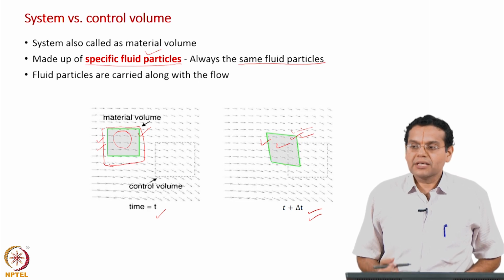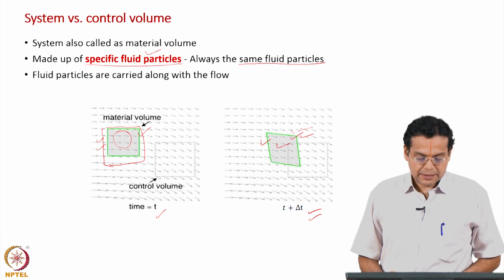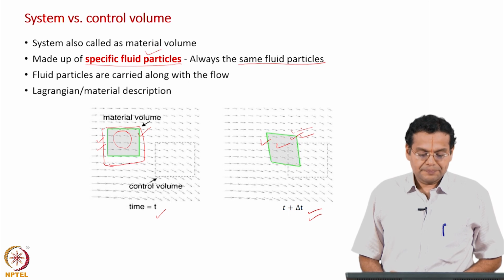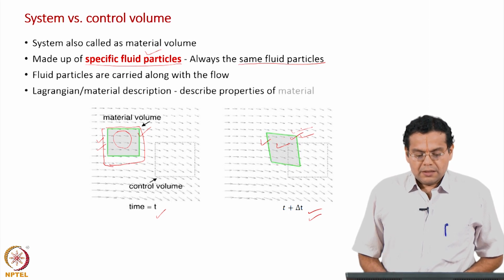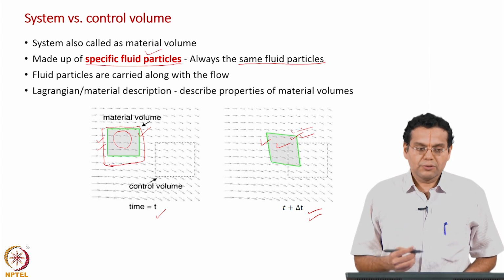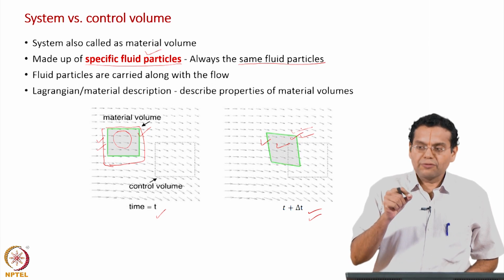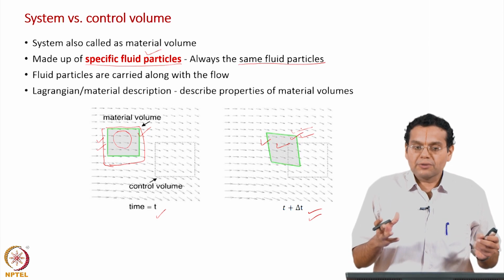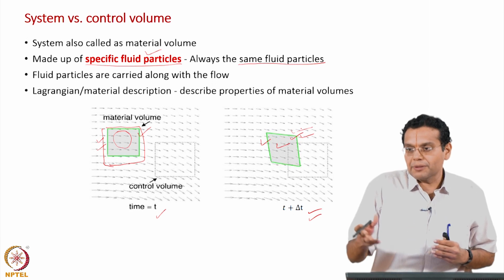Now, the way in which I describe this system or material volume is the Lagrangian or material description. What did we do there? There we identified a fluid particle made up of a large number of molecules, and then we followed that fluid particle.